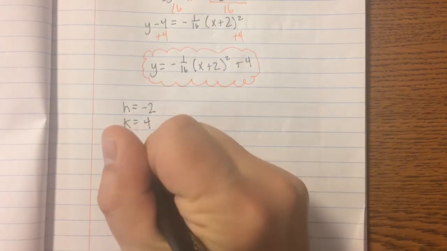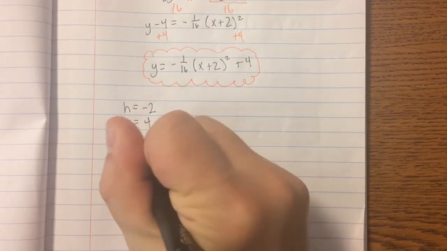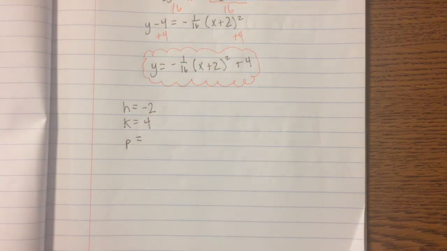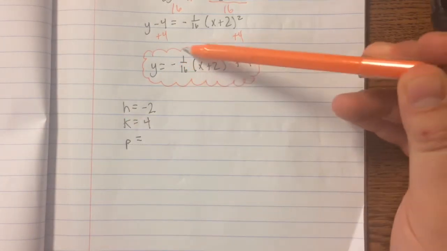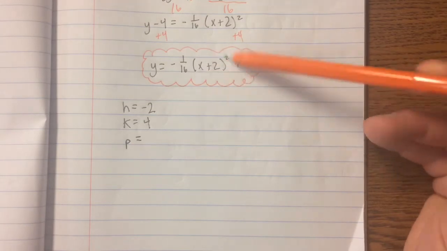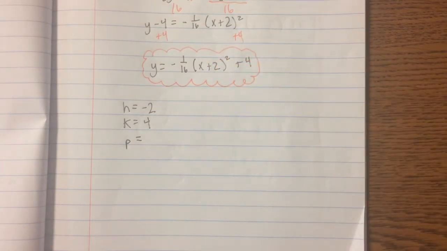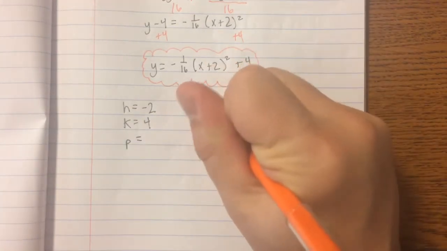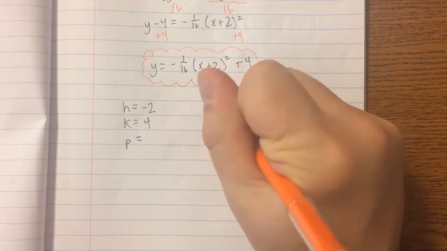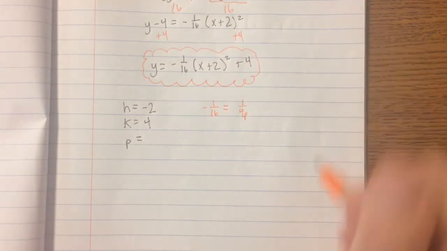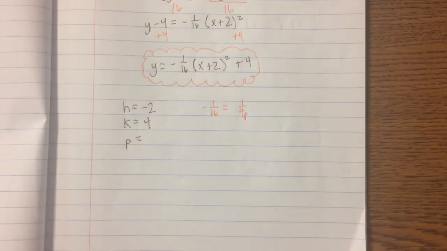Here's where it gets a little tricky. What's the p-value? Well, this coefficient of the squared binomial is -1/16. I'm going to do a little side work out here. I know that has got to be 1 over 4p. You can solve this by cross multiplying, or you can just think about it.